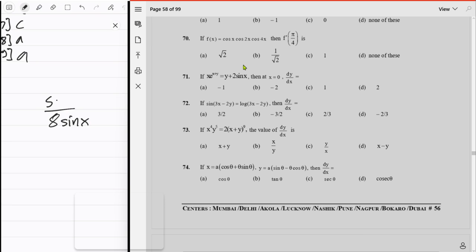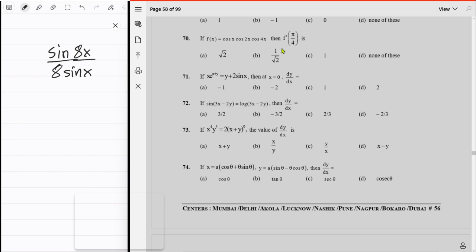That will just convert this to sine of 8x. Yeah, you can do that. It's good. But how does this help in figuring out f dash of pi upon 4? I don't know. Well, just try to do it. So you can differentiate the first one and whatnot. Okay, this is not going to help.